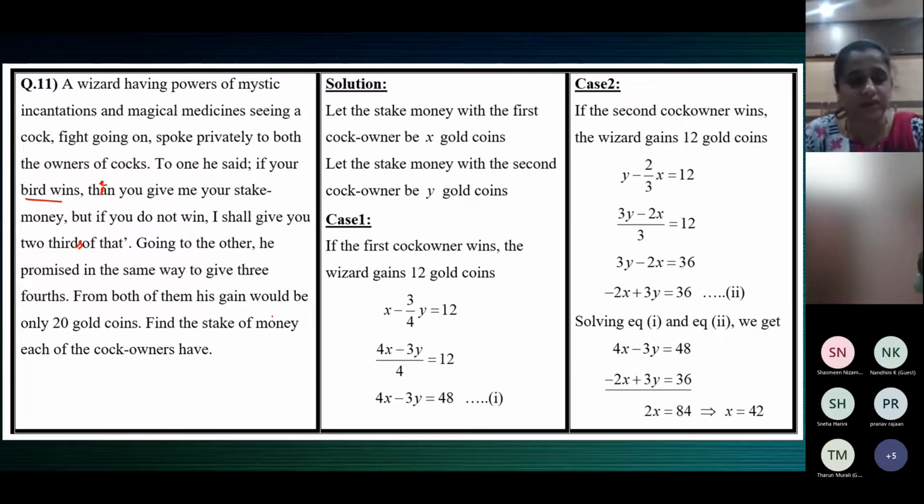From both of them, his gain would be only 12 gold coins. Find the stake of money each of the cock owners have.